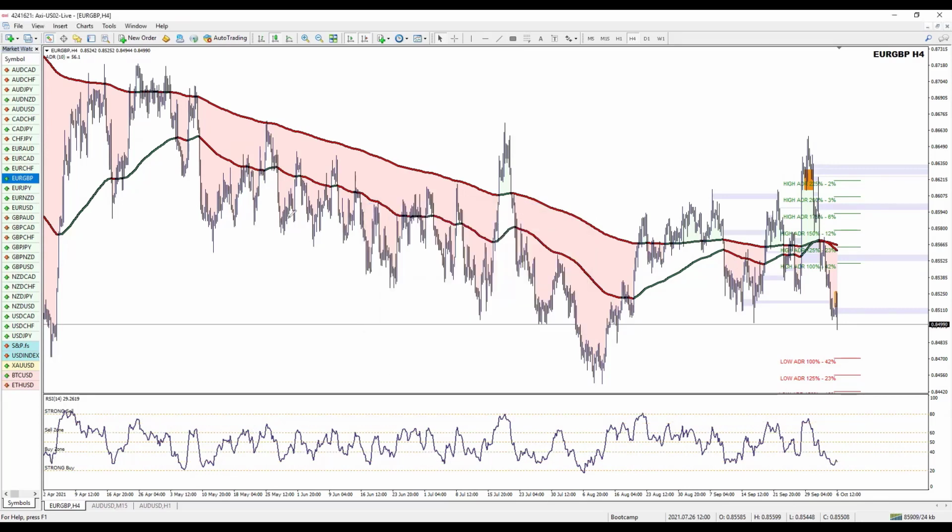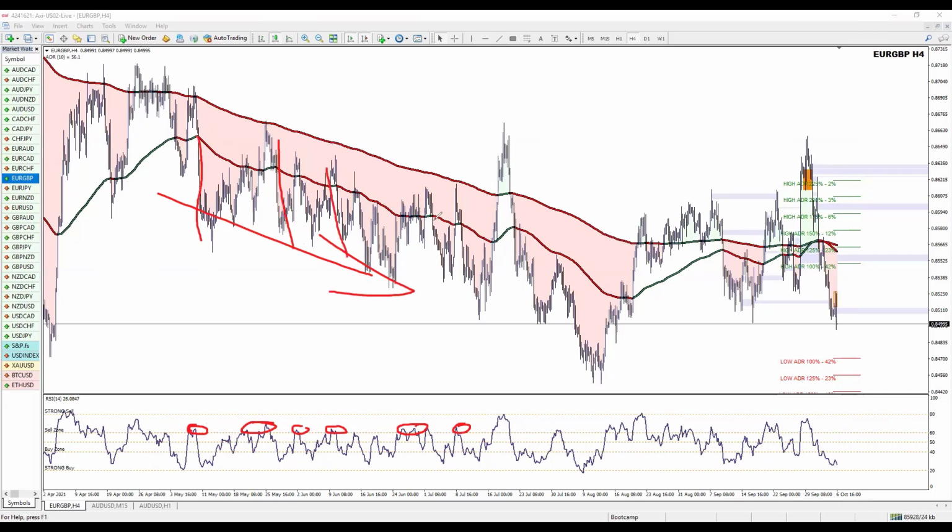So when you see the market trending, every time we pull back above 60, for example, you could start looking for short trades. So we start taking shorts.